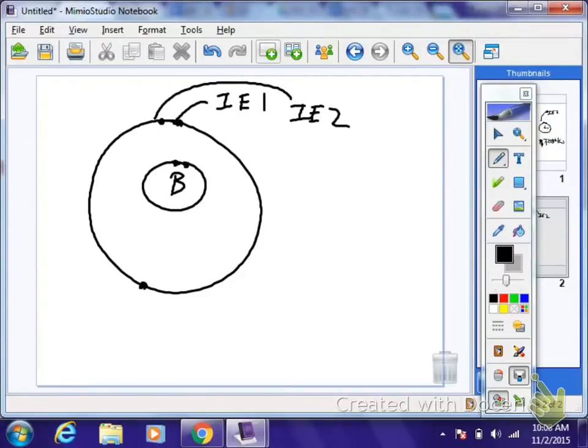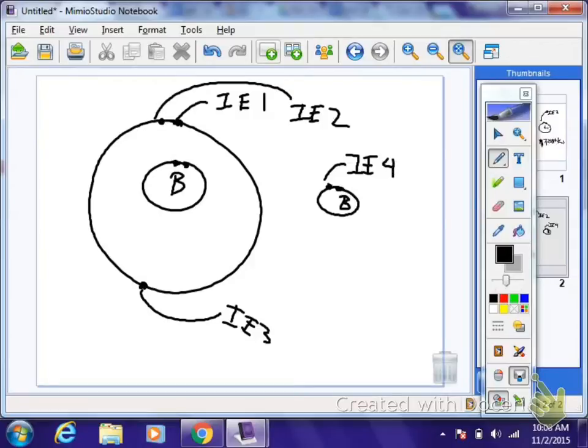Yep, the protons are positive, but what happens to the attraction? I'm sorry, this would be ie3. Take that one out. So we take out the first 3 electrons. We've got 3 fewer electrons and more protons. It's going to be really close to the nucleus. So to take out this electron is ie4.